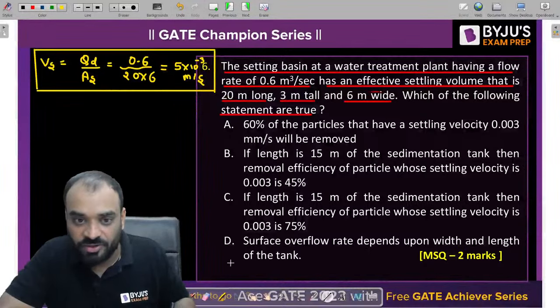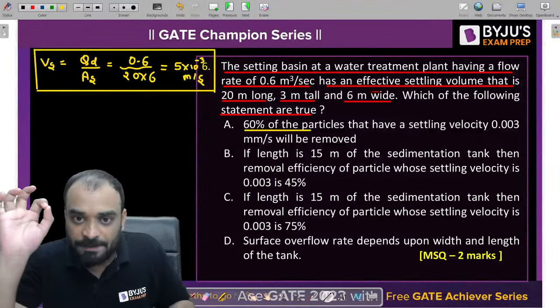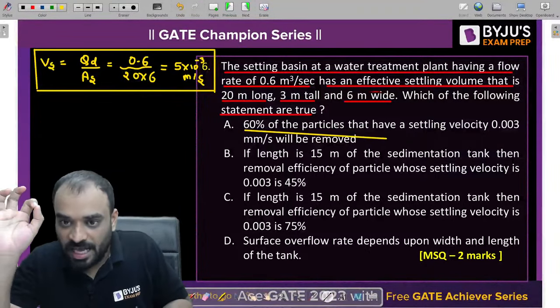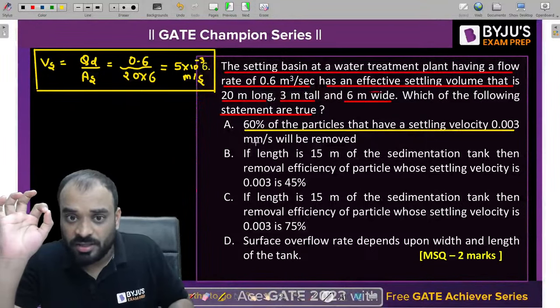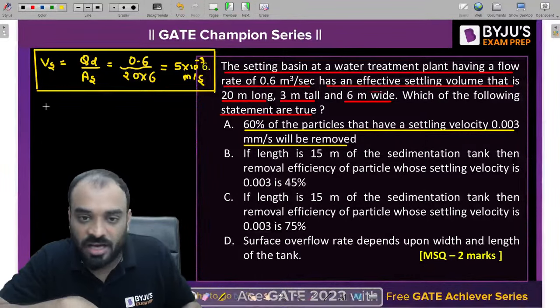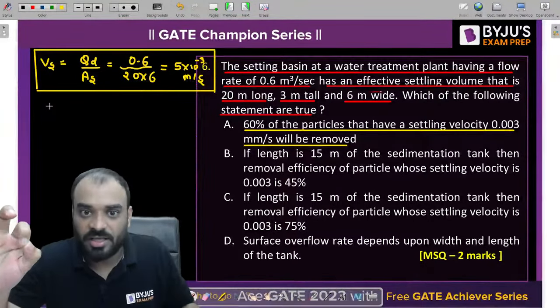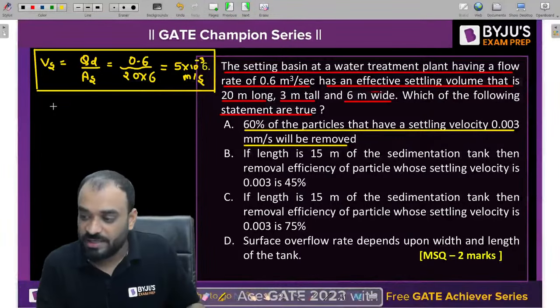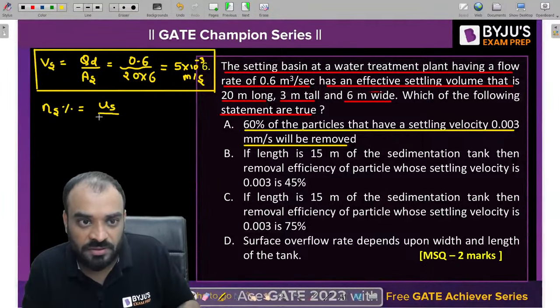Now let's calculate the further thing. Guys, what is given over here? 60% of particles having a settling velocity of 0.003 mm per second will be removed. Can we calculate, if we have a settling velocity of 0.003 mm per second, then how much percentage of particles can be removed? Let's do it, guys. Okay, so percentage removal is equal to Vs divided by V0 multiplied by 100.